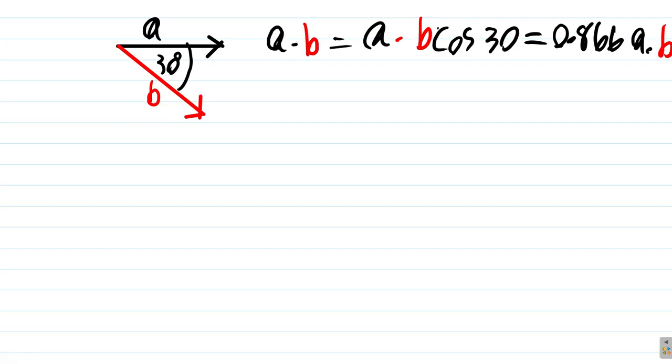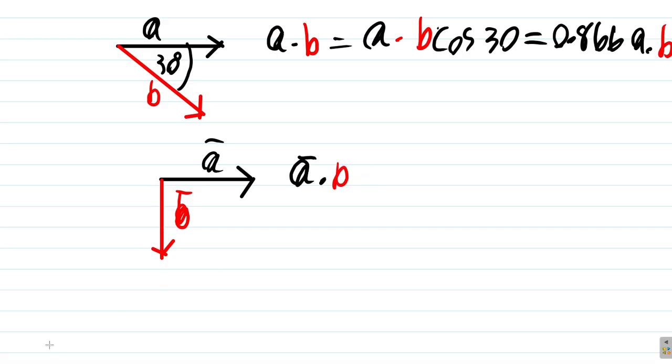Suppose A and B were like this. You had A here and B is pointing down like this. Then how much is B helping A? Well, let's see. The dot product of A and B is equal to, oh, I didn't put the magnitude, remember, the magnitude signs would be here. Alright, good.